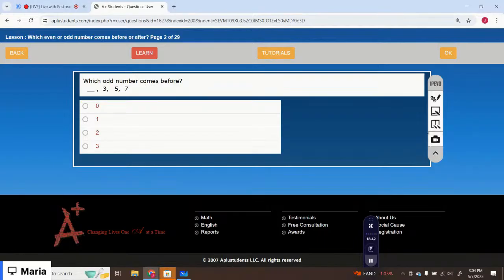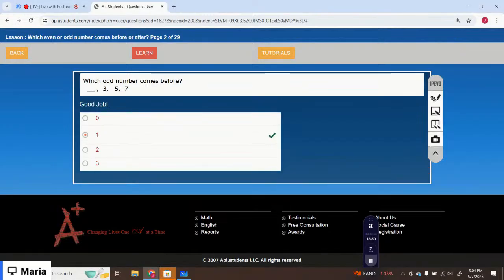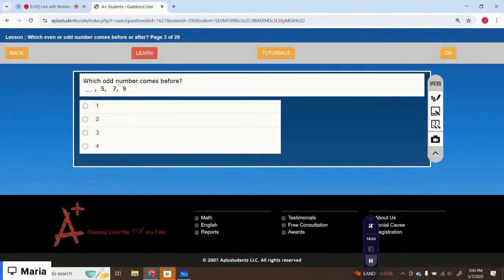You have to subtract 2 from 3. So 3 take away 2 is 1. So option number 2 is the correct option. Which odd number comes before 5, 7, 9? So which is the odd number before 5? Before 5, that is 3. Option number 3 is the correct option.